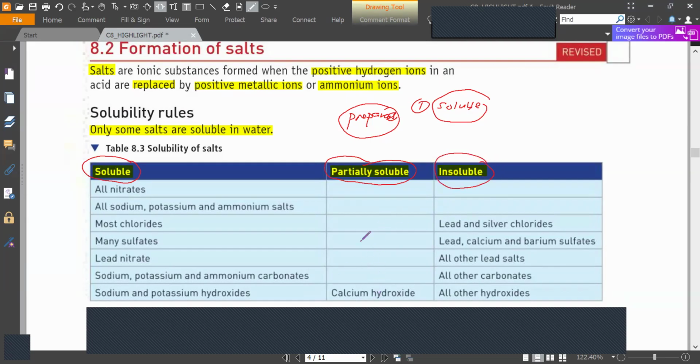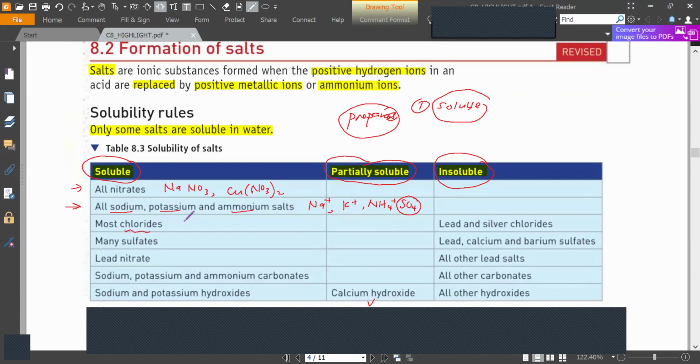Partially soluble is easy, calcium hydroxide. Anything ending with nitrate is soluble. Anything starting with sodium, potassium, or ammonium is soluble, so it can be any anion, as long as we start with sodium, potassium, ammonium, they will be soluble.